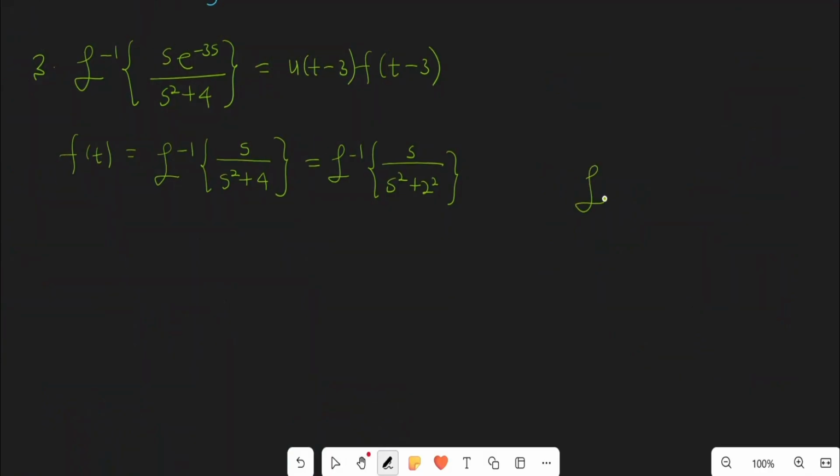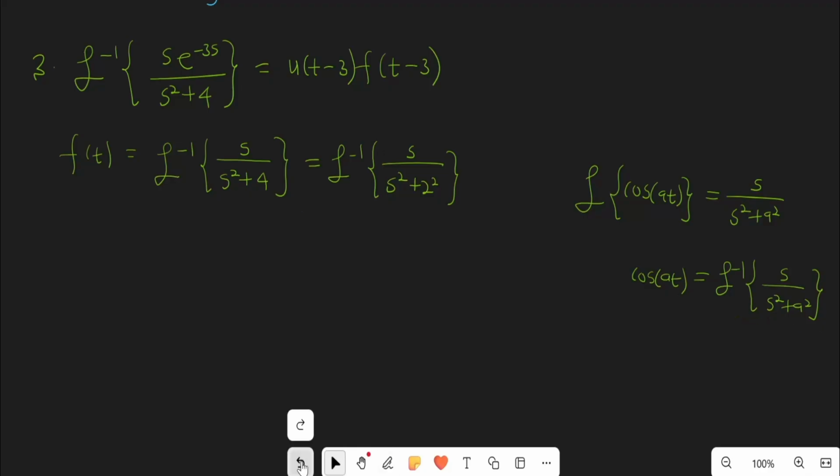If you have the Laplace transform of the cosine of at, this is equal to s divided by s squared plus a squared. In that case, the Laplace inverse of s over s squared plus a squared is going to return the function that's cosine of at. Cool. So now this one is just similar to this.